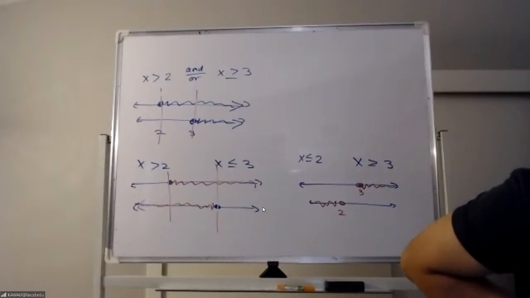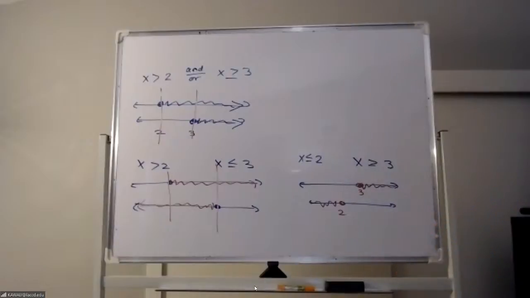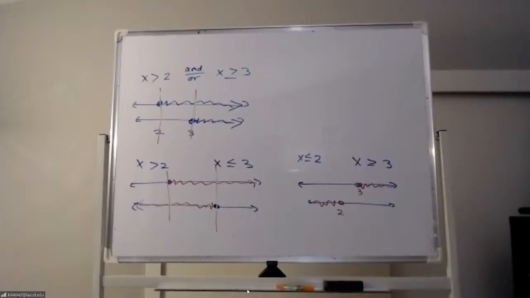Professor? I have a question. I forgot if these are a different way to write this problem. Okay, I'm going to spotlight you. Go ahead. Are these like the same? Do you see that?